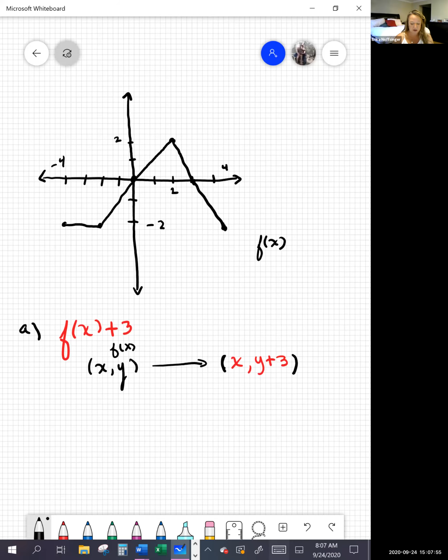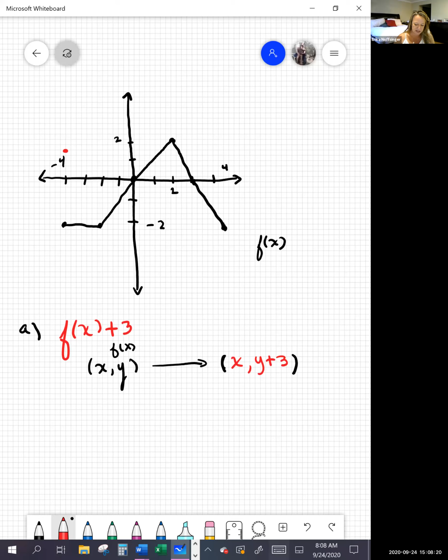This one wouldn't be too hard, so let's just do it without graphing it. All we're doing is taking these points and shifting them up 3 units. My y value at -2 is going to go up 3 units, so we hit a y value of 1. So -4, 1 is our point.